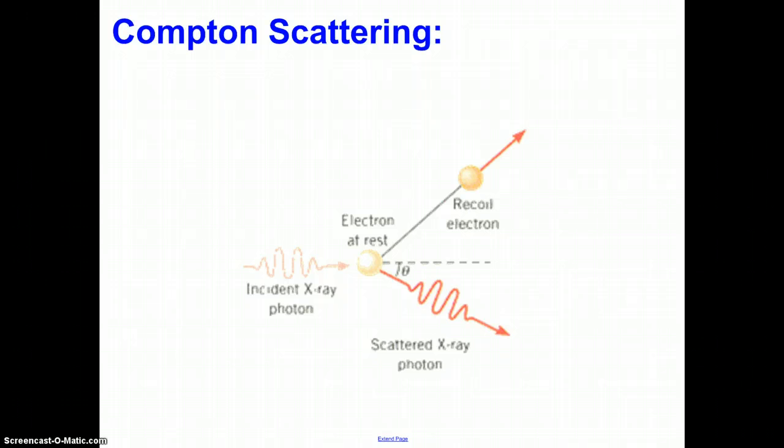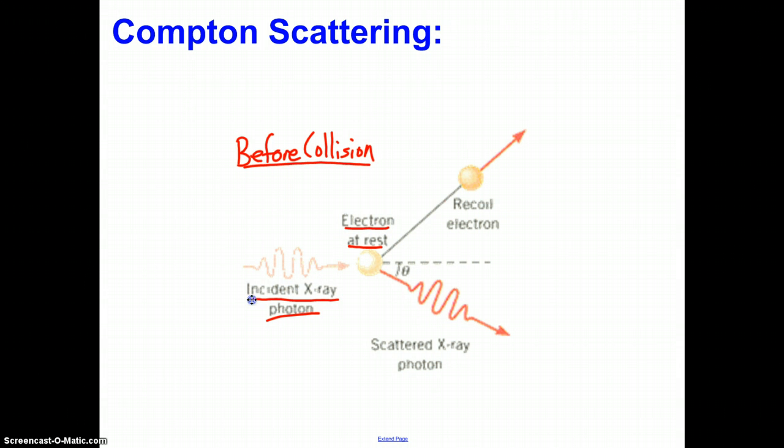Alrighty, as you can tell here, what we have is incident X-ray photons, or in other words, an X-ray, which is theorized to be made out of photons, that is going to strike an electron at rest. This is the information for before the collision.